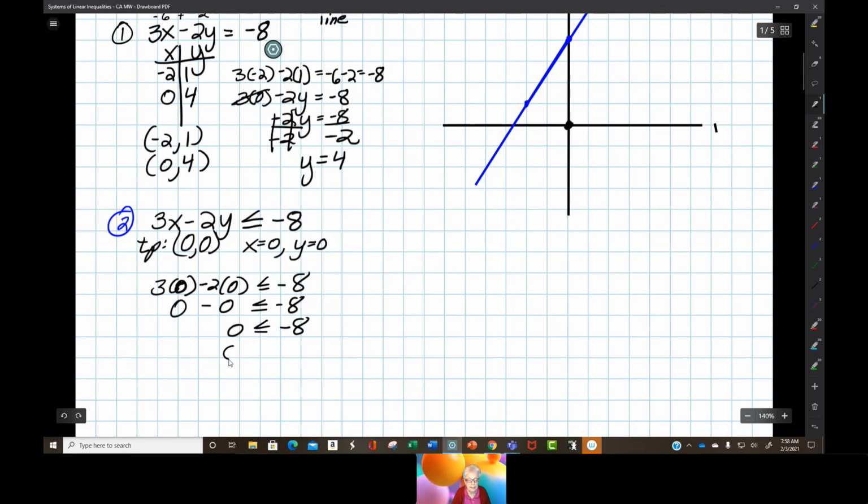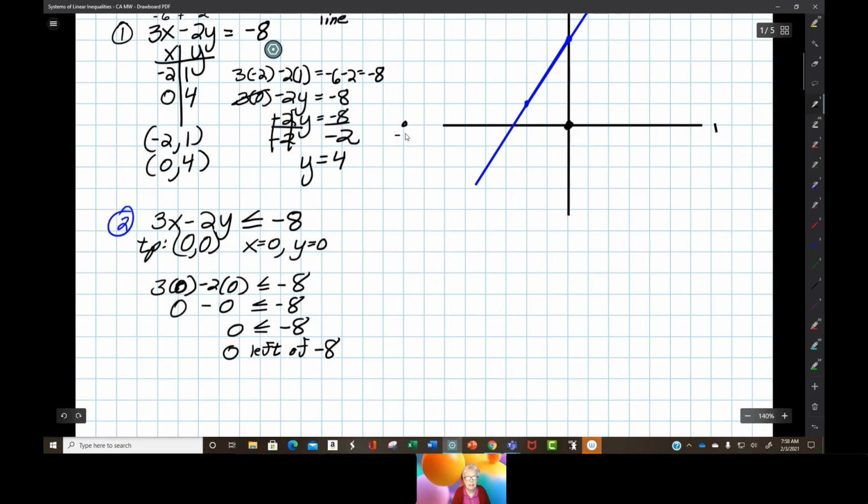What this also says is that 0 is left of -8. So we have to see if that's true. -8 is -1, -2, -3, -4, -5, -6, -7, -8.